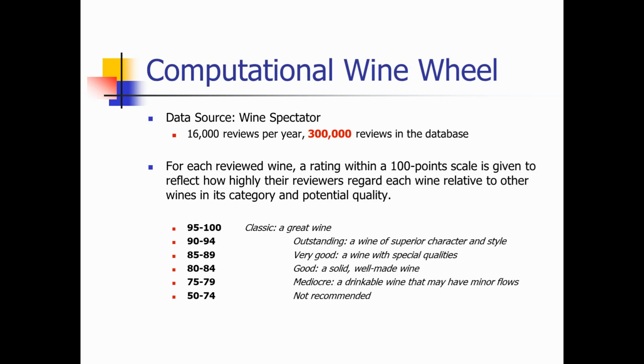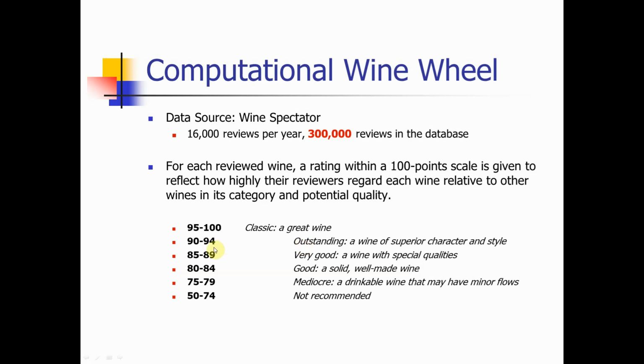For each reviewed wine, they give a 100-point scale to reflect the quality of the wine. If a wine receives between 95 and 100, it's a classic wine. Only a very small percentage, less than 3% of wines, receive this category. 90 to 94 indicates that the wine is outstanding.